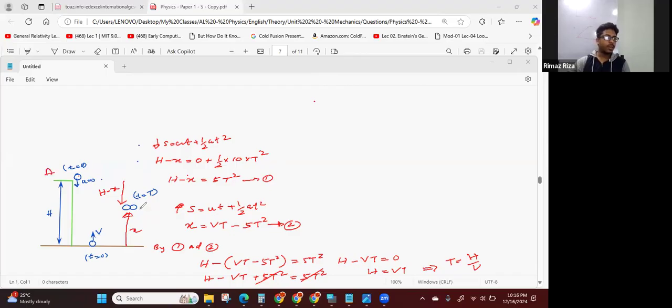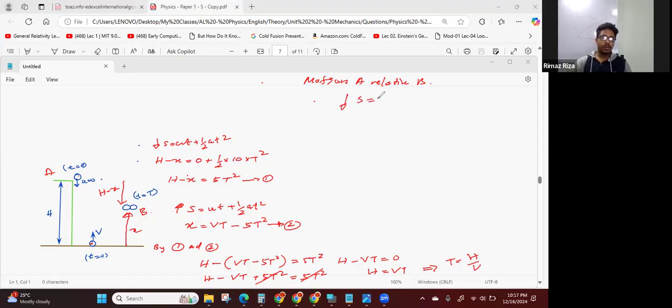Let's say this is A and this is B. So I consider the relative motion of A relative to B. I take the motion of A relative to B. Also, if you want, you can take motion of B relative to A.